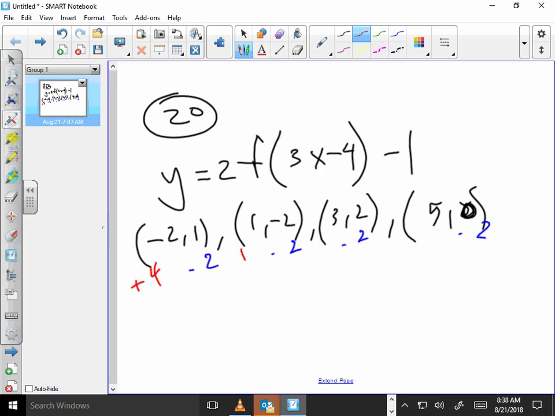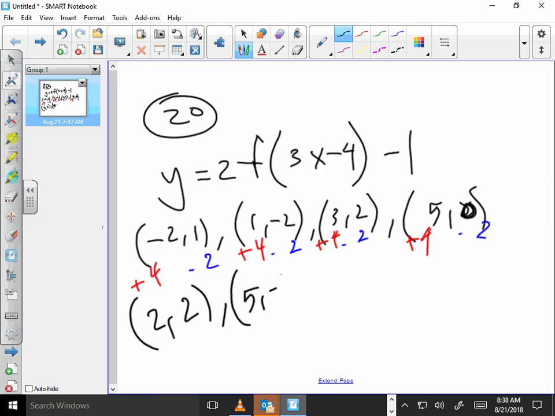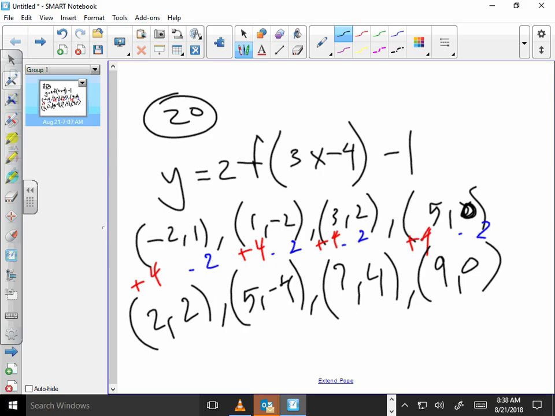I was so happy with the adding part that I didn't pay attention to the more obvious number part. Okay, so we've got 2, 2. We've got 5, negative 4. We've got 7, 4. We've got 9, 0. Any questions about those first two steps?